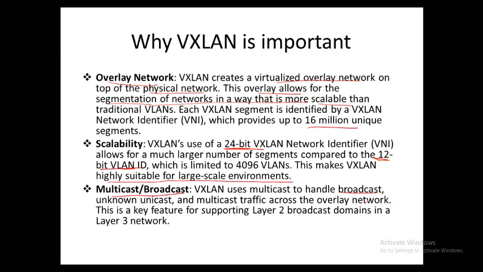Whenever the destination is unknown, you call it unknown unicast traffic. Whenever you want to send a copy of traffic to multiple destinations, we call this multicast traffic. All these are handled by multicast. So no broadcast.